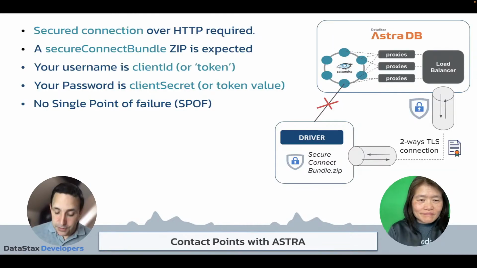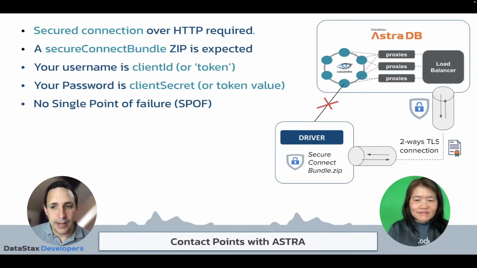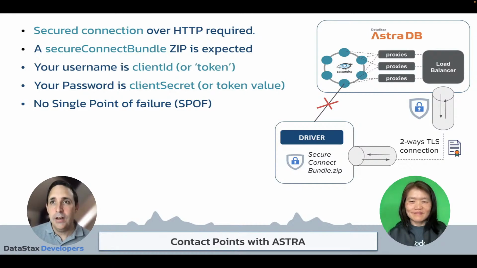To use the drivers to connect to ASTRA DB, instead of providing the IP of the nodes, because it is a Cassandra running in the cloud and only available through HTTP, you need keys and certificates to open a two-way TLS connection.